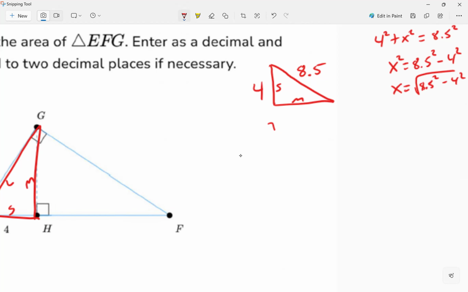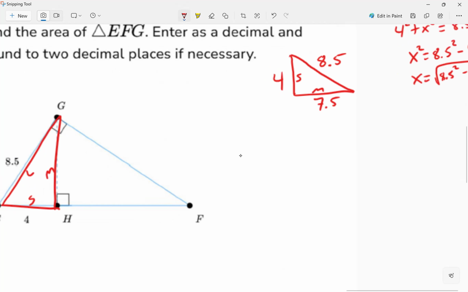I'm literally typing it on my calculator. And it says this side is 7.5. Cool. I know that side already. Nice.